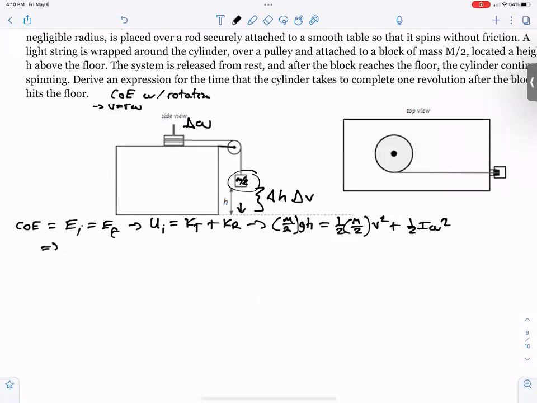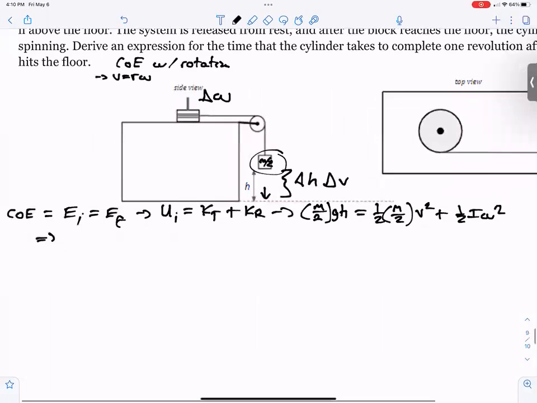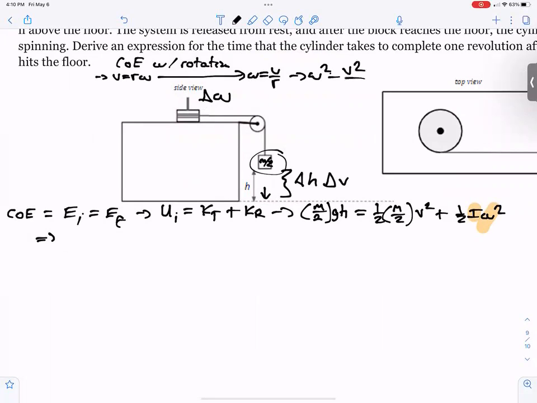Okay. Now we are going to make a couple substitutions for I and omega squared. So recall, if we're going to substitute for omega, which is v over r, that means omega squared would be v squared over r squared. We're going to substitute that.